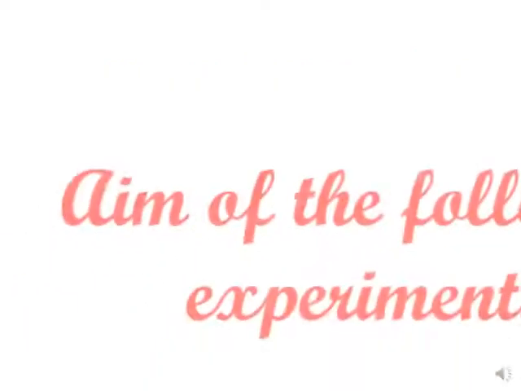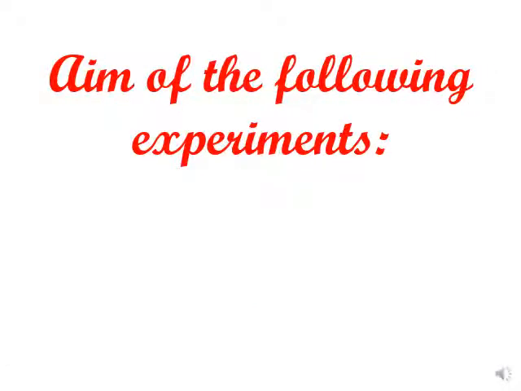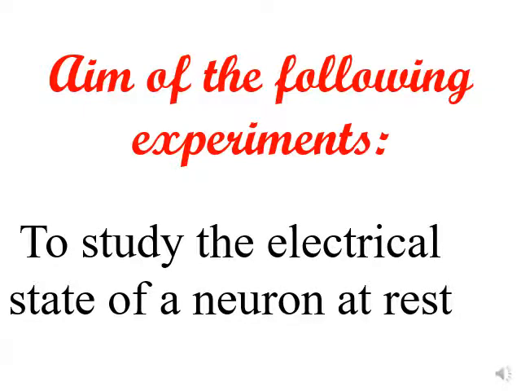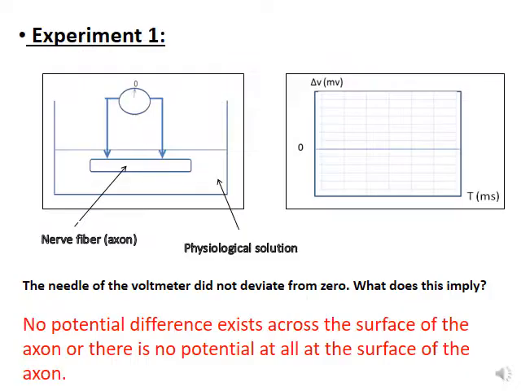Now let's move to the series of experiments whose aim is to study the electrical state of a neuron at rest. In experiment number one, we have the nerve fiber, the axon, placed inside a physiological solution, where the terminals of the voltmeter and the oscilloscope are connected to the external medium of the axon.